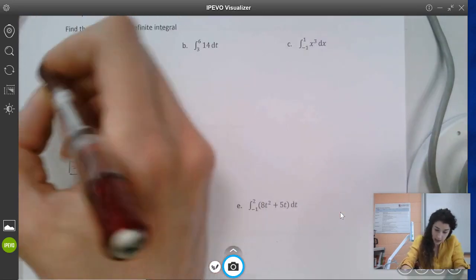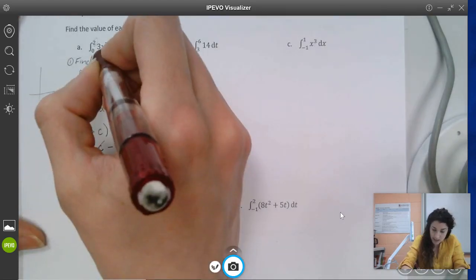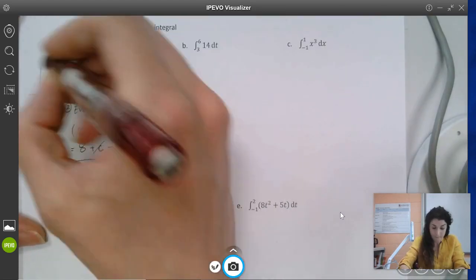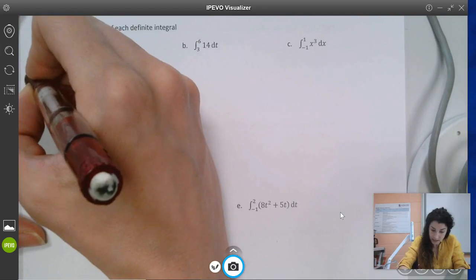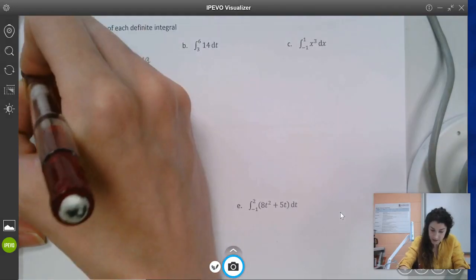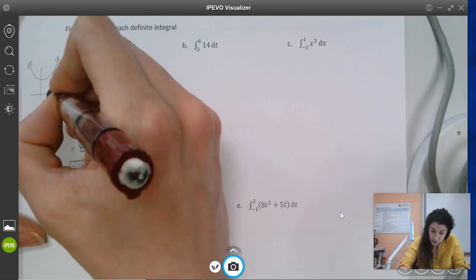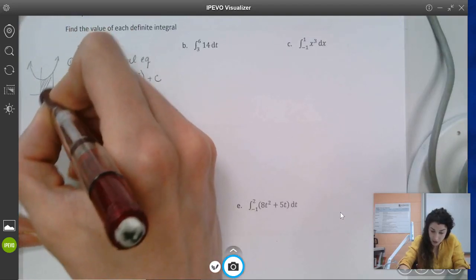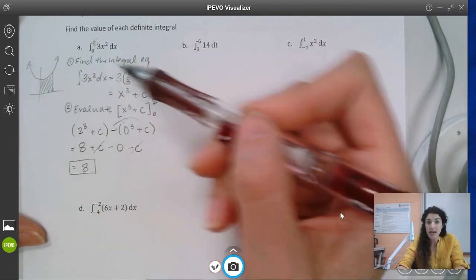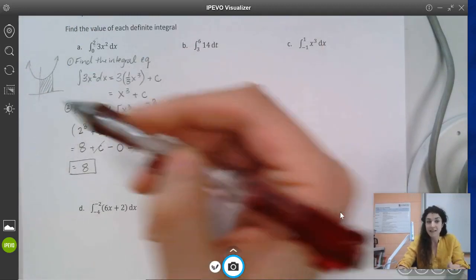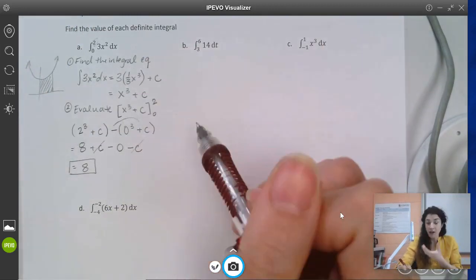So let's try and think about that here. 3x squared would look like this. So from 0 to 2, the area under the curve would be 8. That is the area under there. So that's kind of cool.